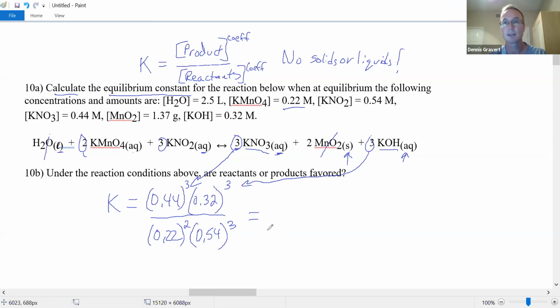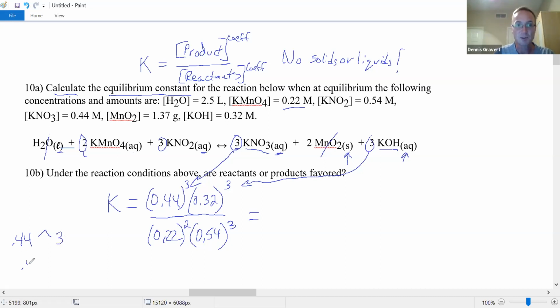Cool. Got a lot of partial credit right there. Now all we have to do is crank it out in a calculator to get full credit. So you might have to jot a few numbers, right? If you can't find the exponent function, you should. It'll be the little caret. So you put 0.44, little exponent or caret 3.